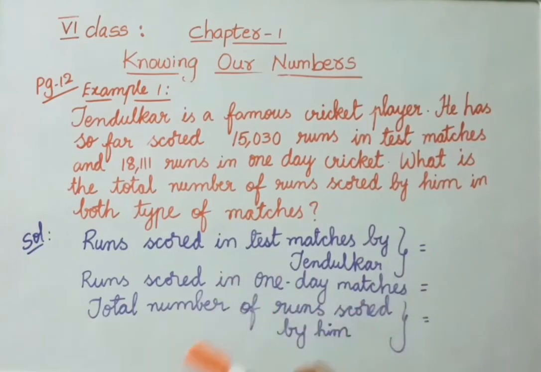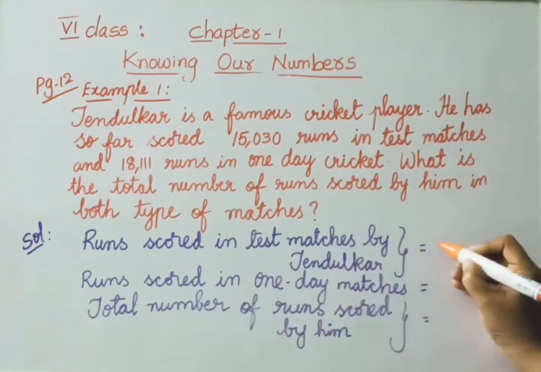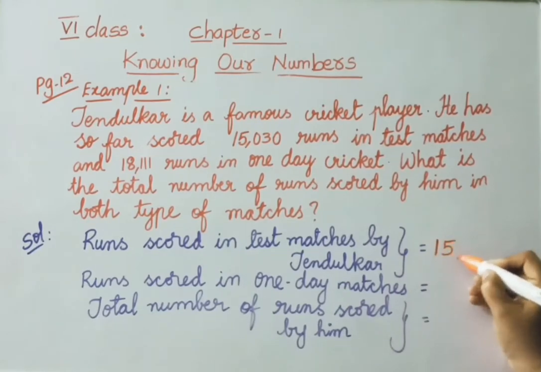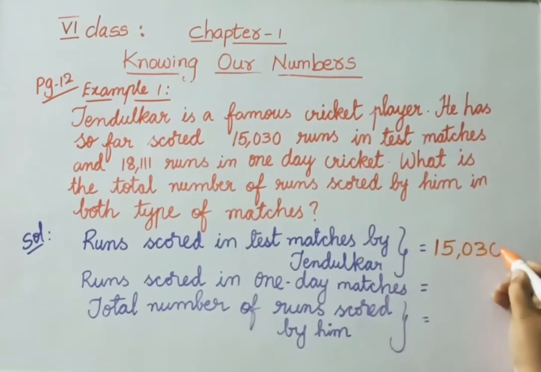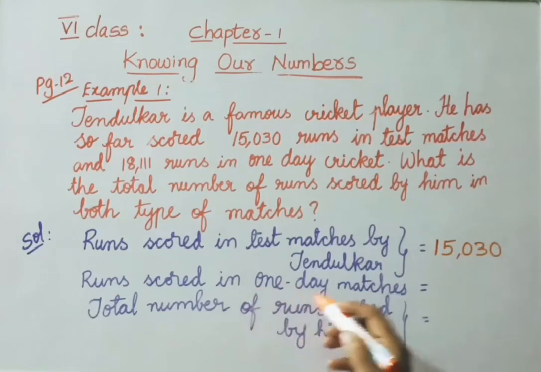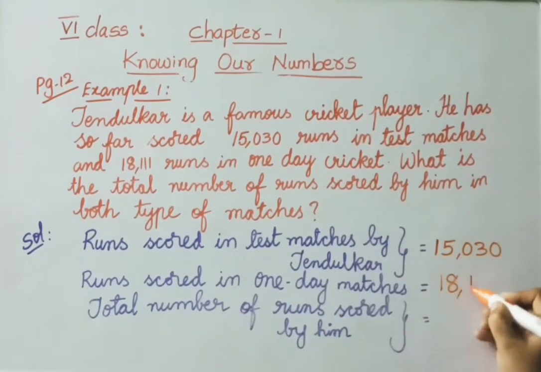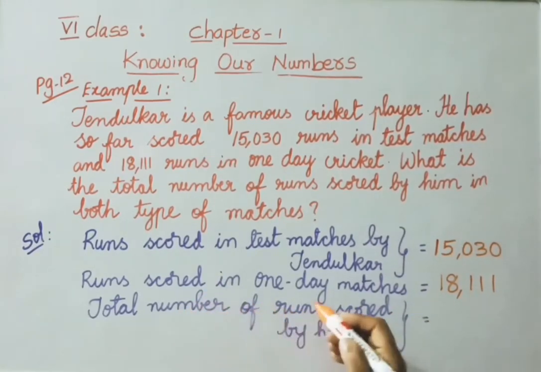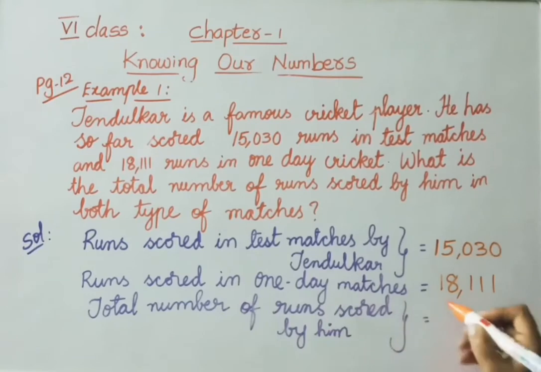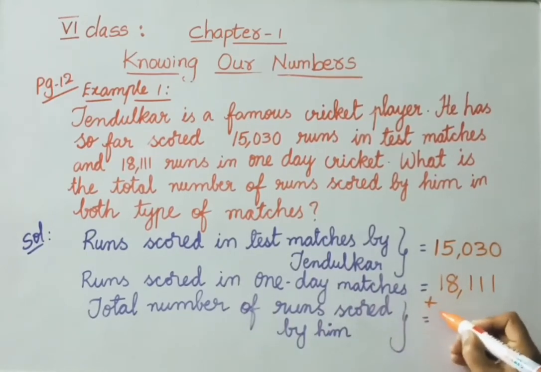Runs scored in test matches by Tendulkar, that is 15,030. Next, runs scored in one-day matches, that is 18,111. We need to find the total number of runs scored by him, so we need to do addition.